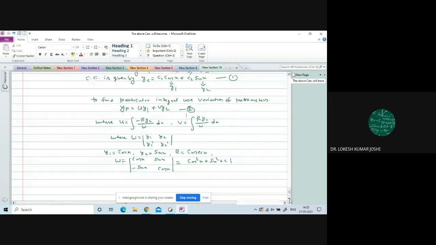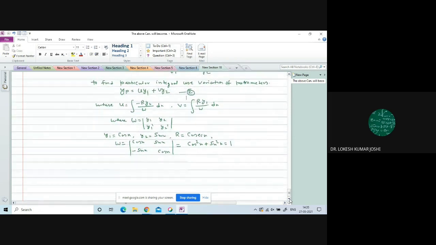Now find u and v with the help of the formula. u equals integration of minus r y2 upon w dx. Once again, I am writing the formula. Substitute the value of r. r is cosec x. y2 is sin x.